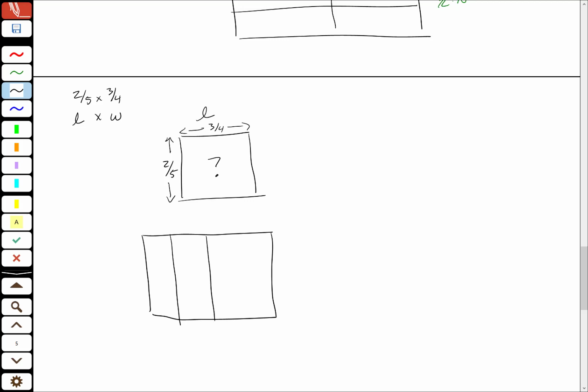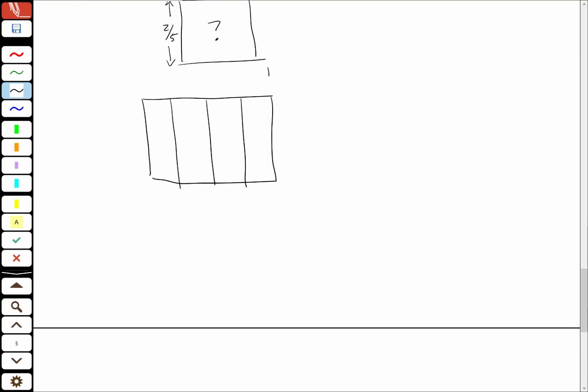So I'm going to draw this box and divide it into 4 pieces so I can picture 3/4. Now the entire length of the box is 1. Oh wait, I can move this down to the bottom because it's kind of in the way. So the entire length of this box is 1.